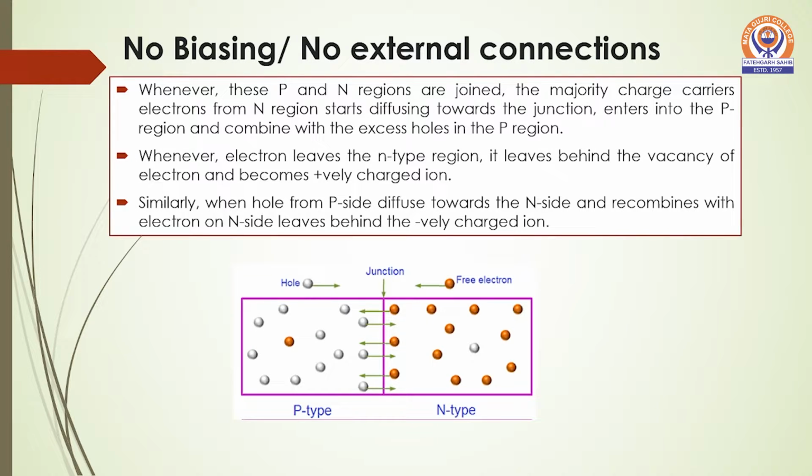Similarly, holes from the P side have the tendency to diffuse towards the N side and recombine with the electrons on the N side. So whenever an electron leaves the N region, it leaves behind the vacancy of electron and it becomes a positively charged ion. Similarly, when holes diffuse from the P side, it leaves behind a negatively charged ion.